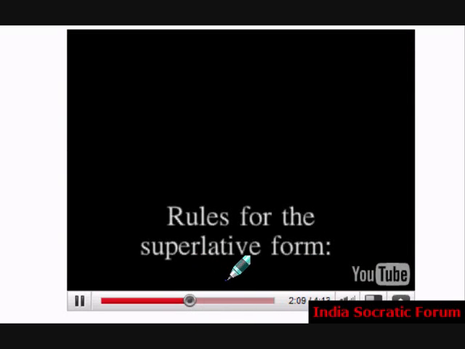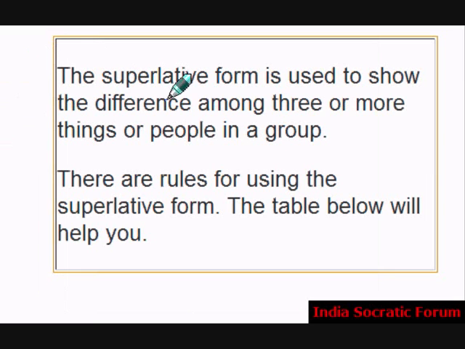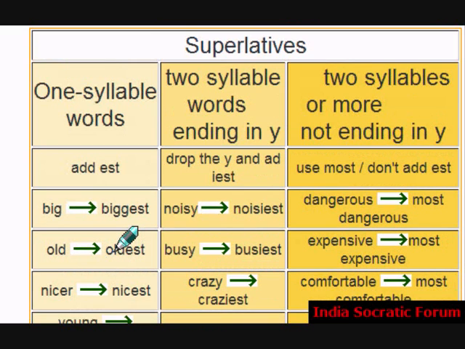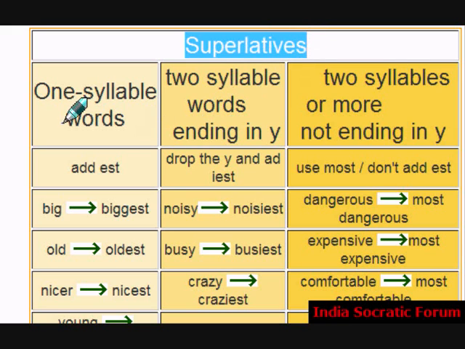Let's see the rules for the superlative form. The superlative form is used to show the difference among 3 or more things or people in a group. There are rules for using the superlative form. The table below will help you. Let's see the table. The superlative forms can be differentiated into three types.